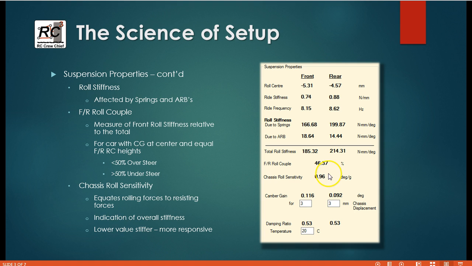You would say, well, why not make this number as small as possible? Well, the smaller you make it, the harder the car becomes to drive. So you'll see in later episodes this number can vary from as low as 0.5 for an 8 scale on-road car to 4 or 5 for off-road vehicles. So once you have a good handle on where this number needs to be, you can use it to your advantage to make sure that the handling characteristics of your vehicle aren't going to be too difficult to control.